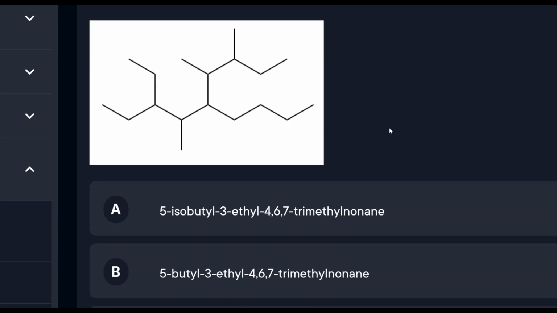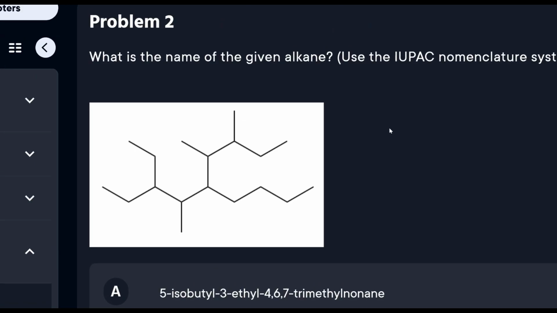So we can knock out A right off the bat. And then we have an ethyl. E comes after B and before M. So we're going to have an ethyl, and that'd be 1, 2, 3, 3 ethyl. So we have 5 butyl, 3 ethyl, and then we have 3 methyl. That's a trimethyl. So we have 2, 3, 4, 5, 6, 4, 6, 7 trimethyl.